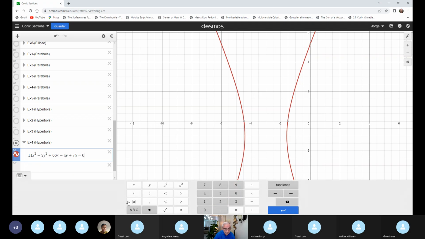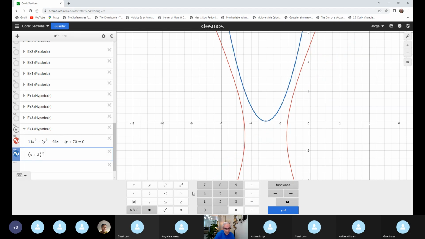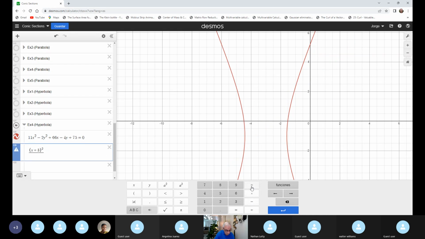You have parentheses, x plus 3. Close the parenthesis. Oh no, what are you doing? And the other line, enter. Okay, ready. Parenthesis, x plus 3. I try to copy the standard form. Parenthesis x plus 3, squared, divided by 2.